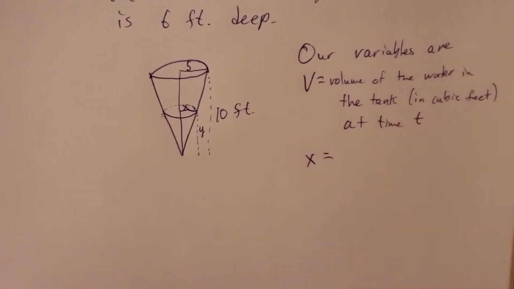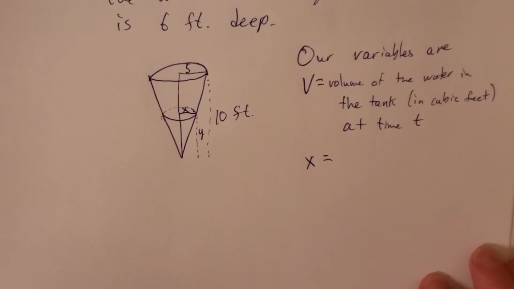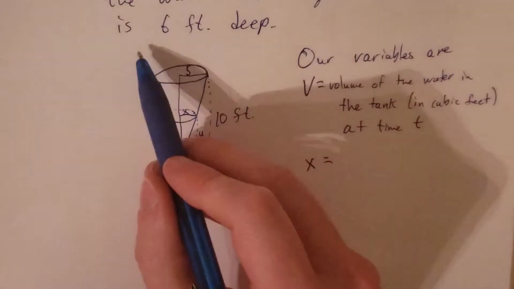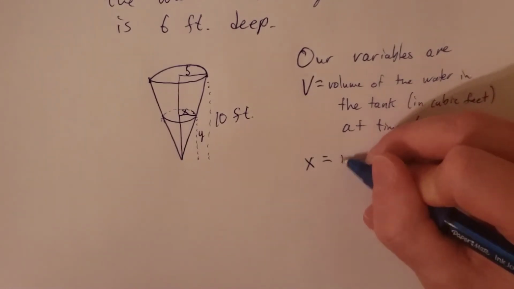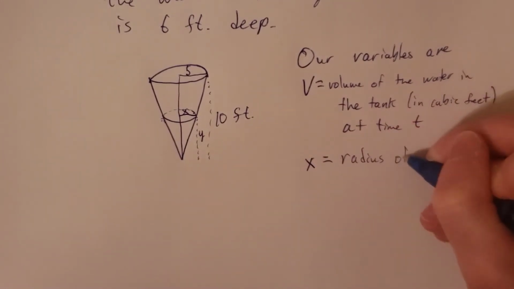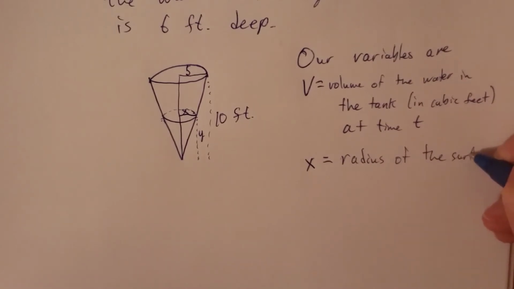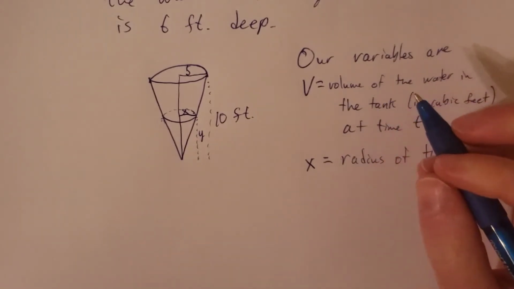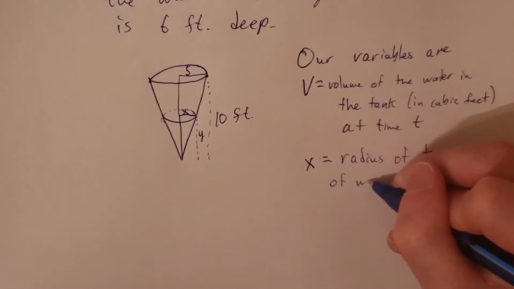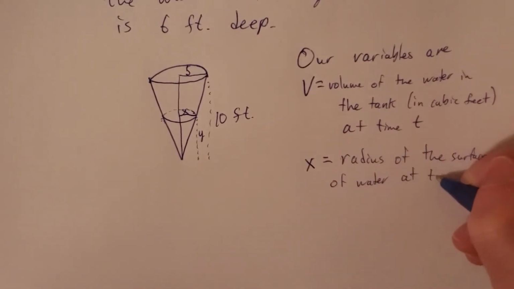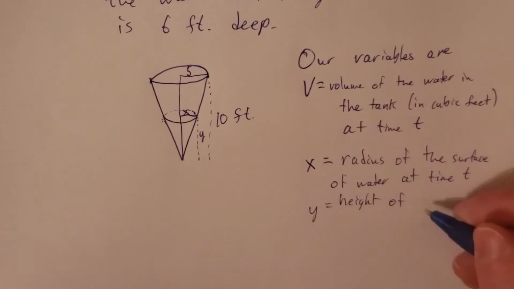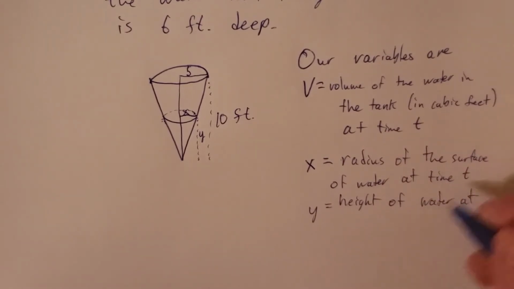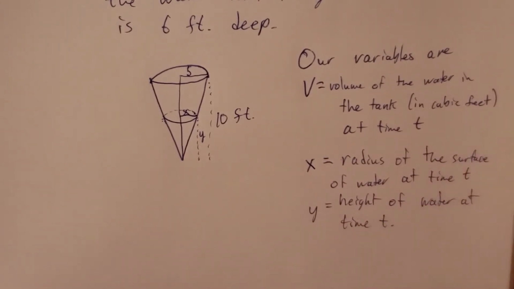Let's see. We were also asked for how fast is the water level rising when the water is 6 feet deep. Well, we have some variable x here that represents the radius of the surface of the water at time t. And then y is the height of the water at time t.